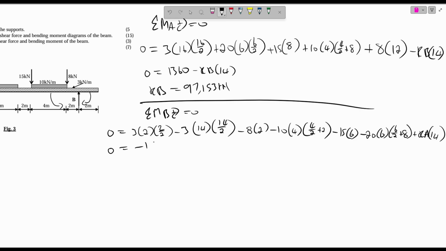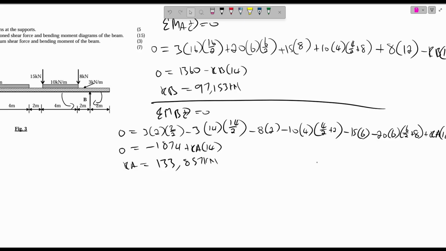Then we have minus 1874 plus RA times 14. And then our RA is 133.857 kilonewton.